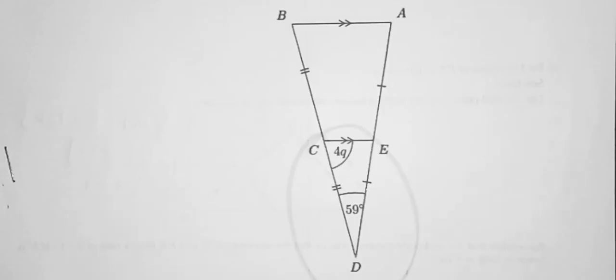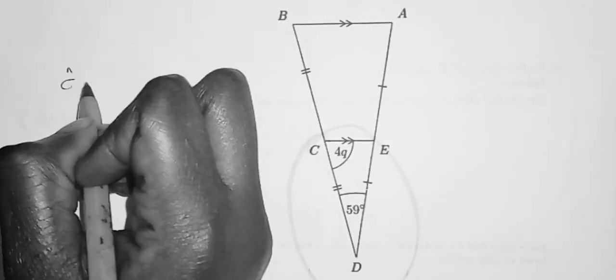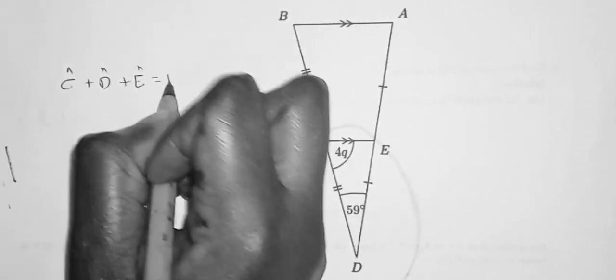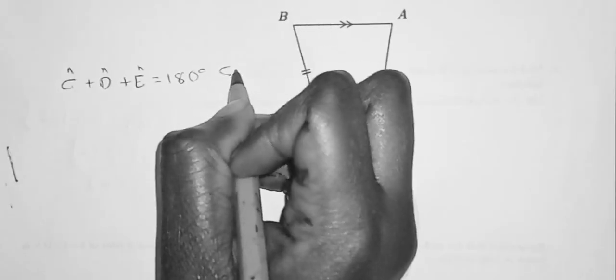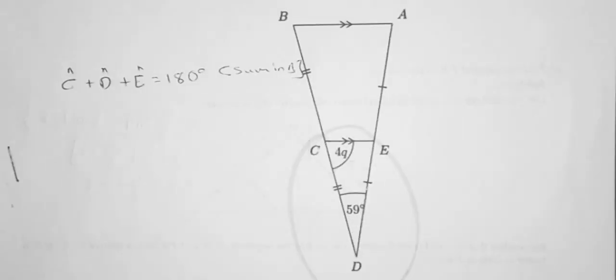We use the sum of angles in a triangle: angle C plus angle D plus angle E equals 180.